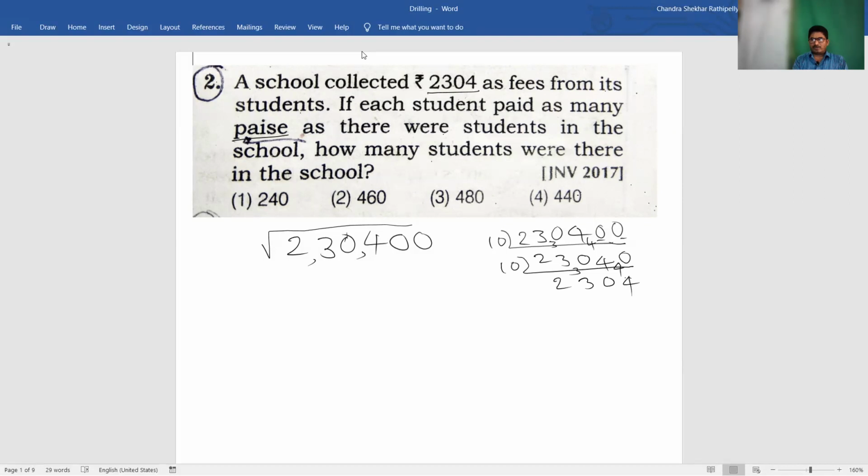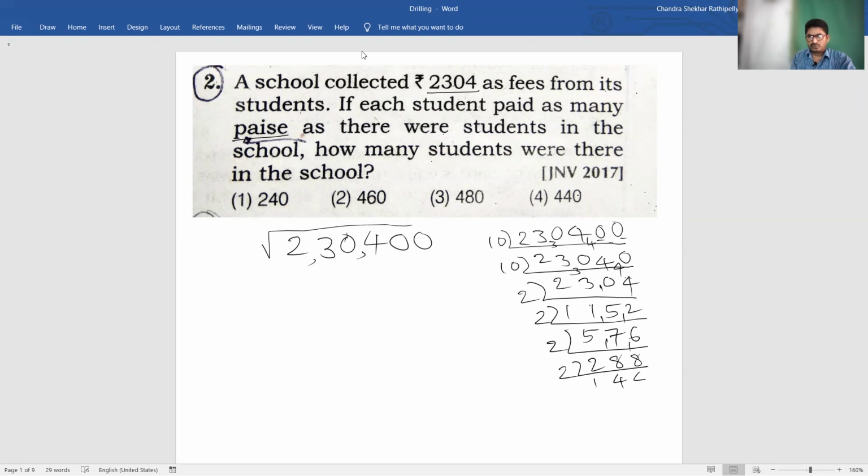Now 2 plus 3 is 5, 5 plus 4 is 9, it is divisible by 3. So 3 table, okay, 2 table also, 2 ones are 2, 2 twos are 4, 2 fours are 8.